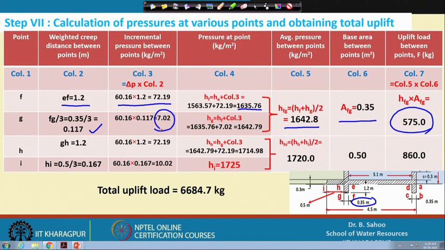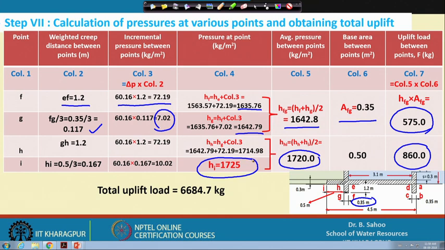So, pressure at point G will be 1642.79. Similarly, for GH we are getting uplift load as 860 and my average pressure as 1720, and finally for HI, the pressure at point I is 1725 kg per meter square, that we have already estimated before.